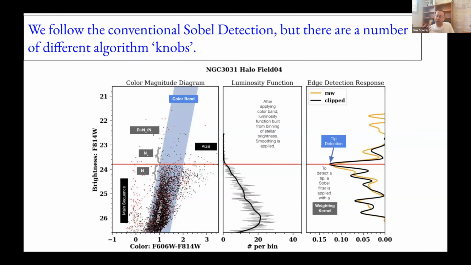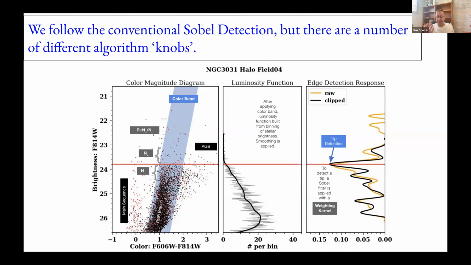All right, so the process is that you have this color magnitude diagram of brightness versus color, and you then bin this up into brightness bins, and you can either try to take just the red giant branch or not. You can see the blue, that's some color band. Different analyses will do different things here.